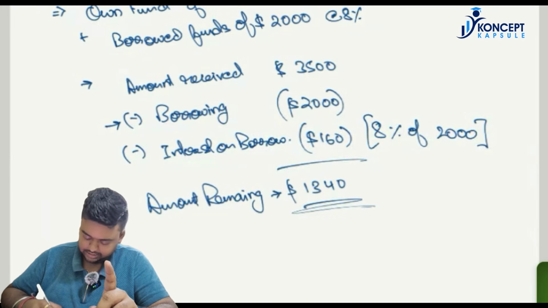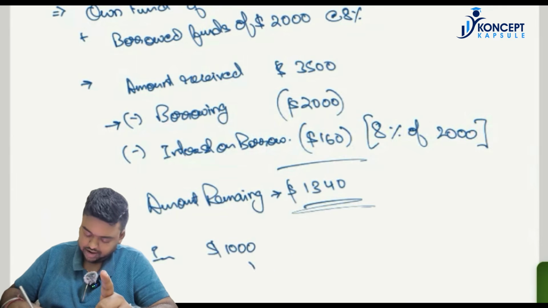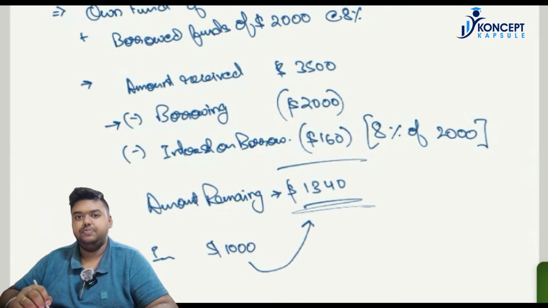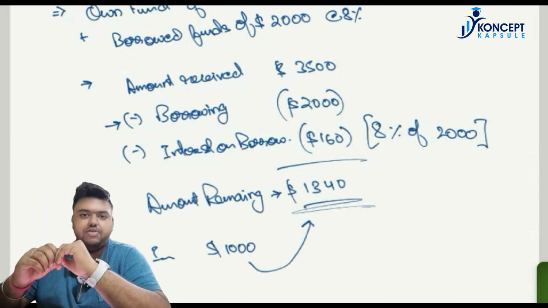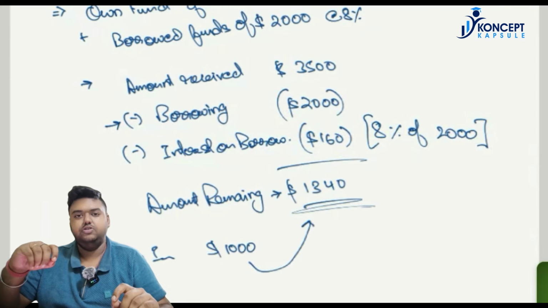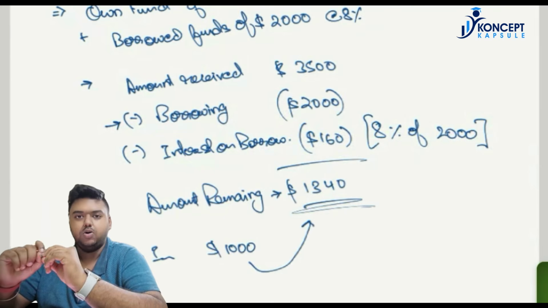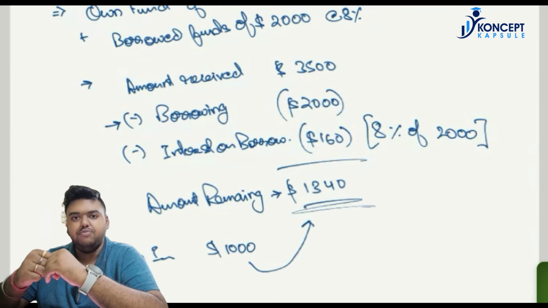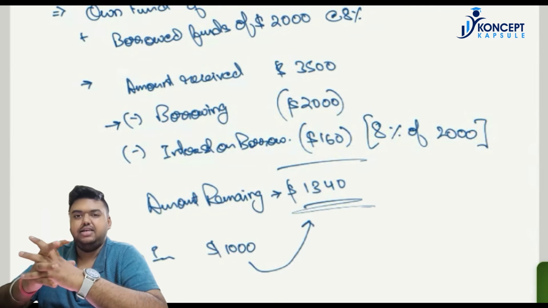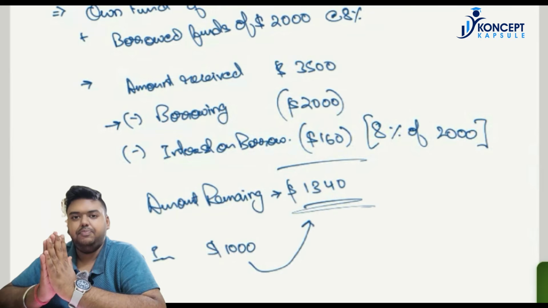So can I say by my cash investment of $1,000, I have earned $1,340, because ideally originally I have earned $3,500, but out of that $3,500 I have to pay for my borrowing in terms of interest, and I have to repay the money that I have borrowed. So I'm left with just $1,340.